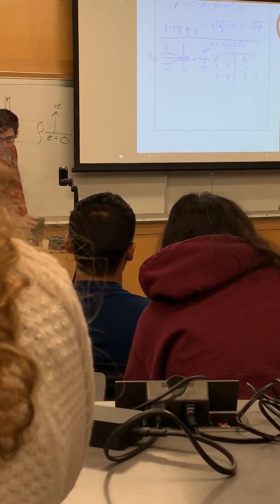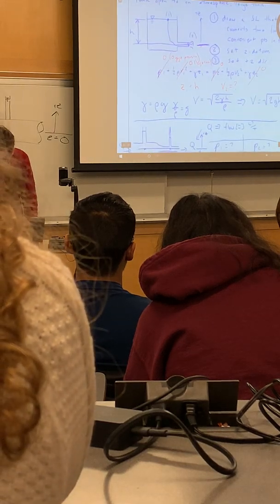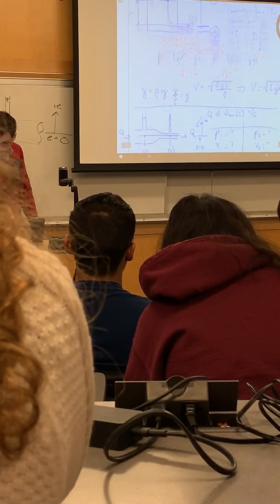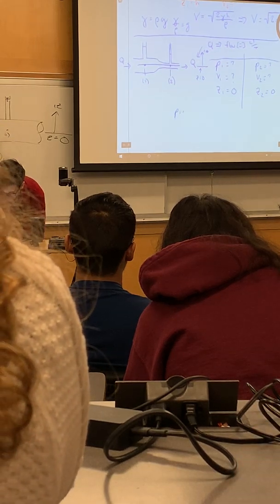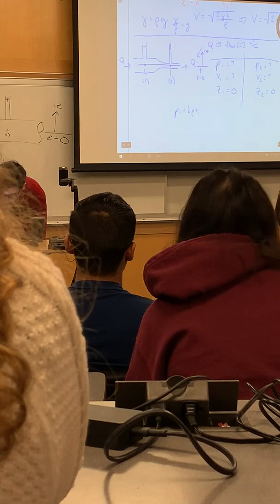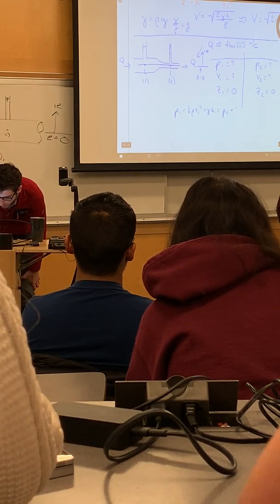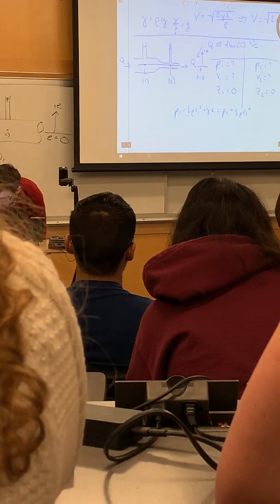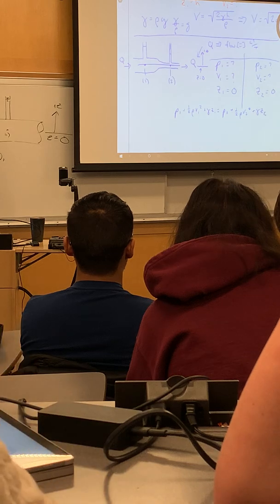Because let's look back at the Bernoulli equation here, right? Let's rewrite it. P1 plus 1/2 rho V1 squared plus gamma Z1 is equal to P2 plus 1/2 rho V2 squared plus gamma Z2. And these two things have to equal one another.